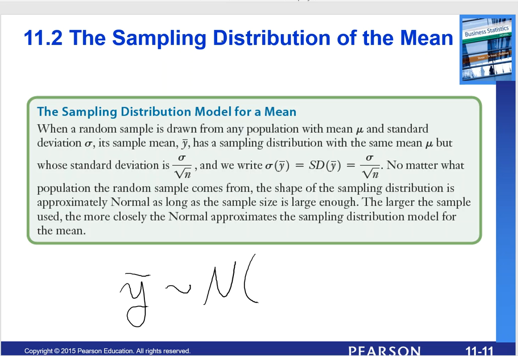It has the mean, and standard deviation, the standard deviation of the population divided by the square root of the sample size. Remember, here we're doing samples and asking about samples, not one person in a distribution of the original. Remember, we don't know necessarily what the original looks like, but we can do the sampling distribution and look at its mean and its spread and determine what this is going to be.